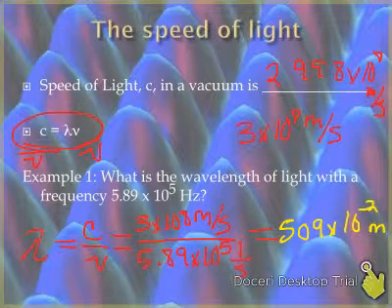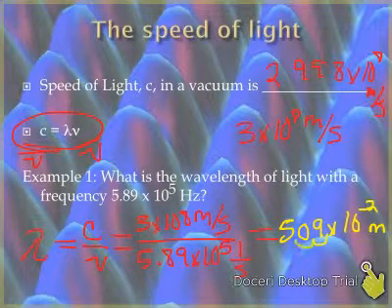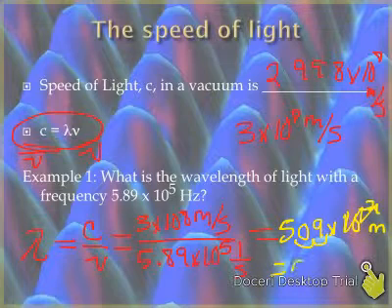But we all know a little bit about scientific notation. This isn't correct scientific notation, so we need to move the decimal. If we move the decimal twice, we're going to get 5.09 meters.